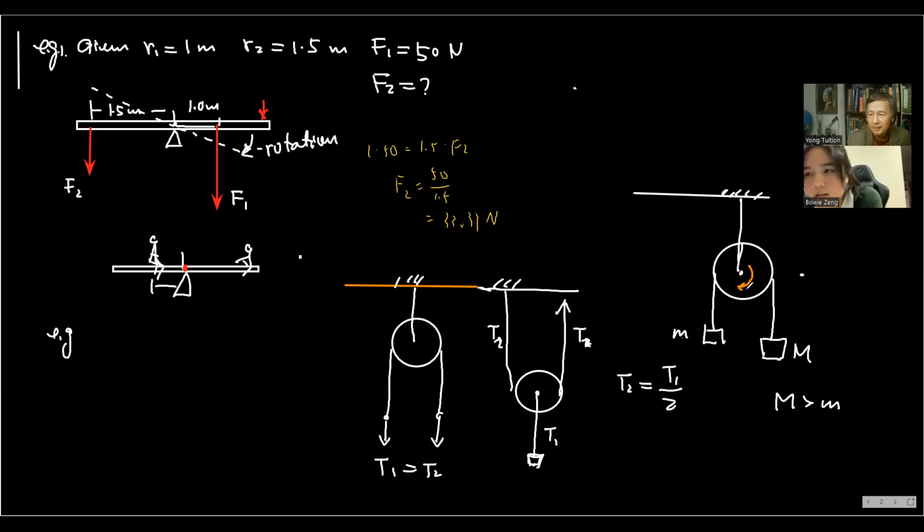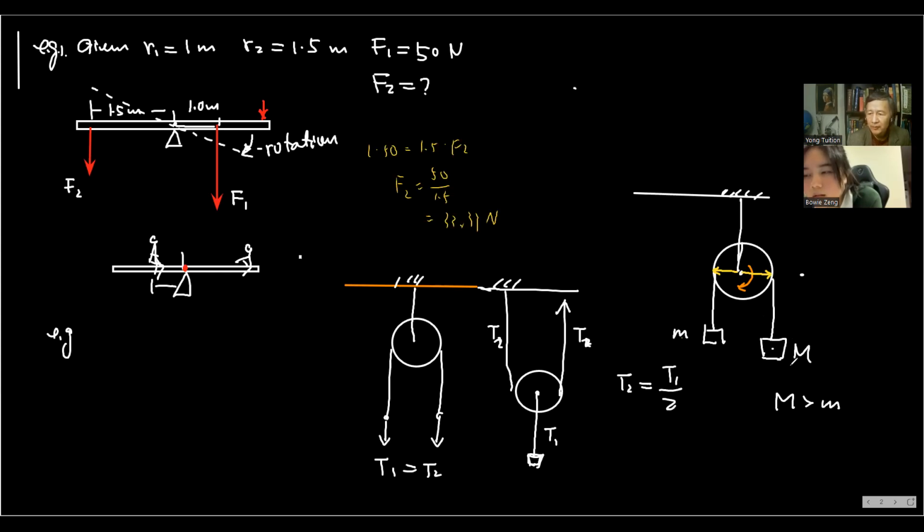And these phenomena can be explained by our levers. Do you remember the two R's here? There's another R. In this case, the two R's are the same, a radius. But the torque is different.